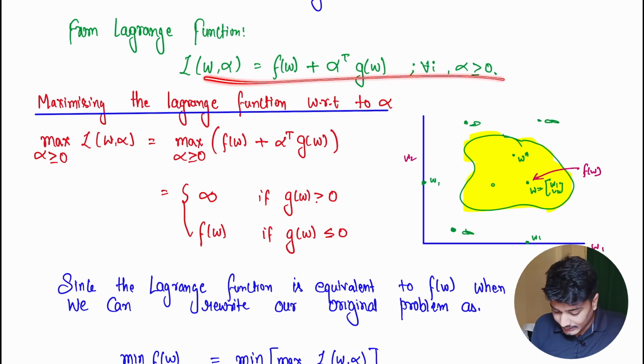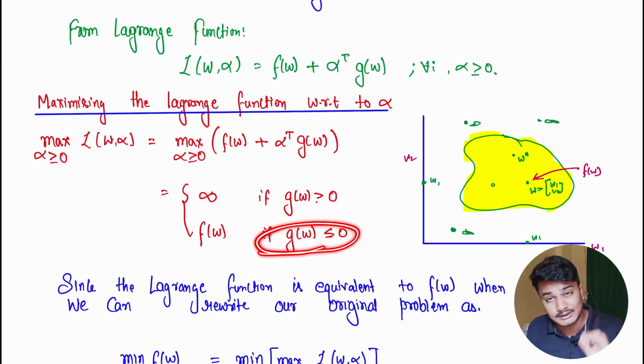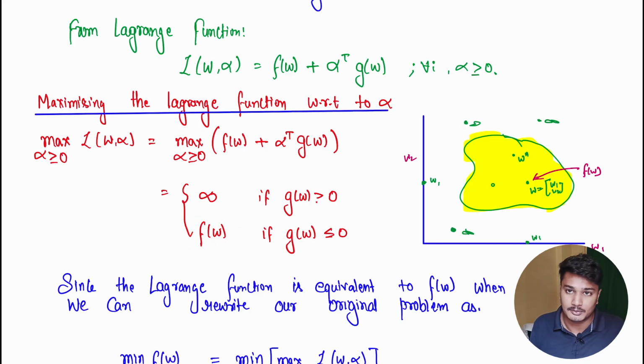We can write this as the maximum over alpha greater than or equal to 0 of the Lagrange function, which equals the maximum over alpha greater than or equal to 0 of f(w) plus alpha transpose g(w), correct? From this we have the conclusion that if g(w) is greater than 0, the value will be infinity. And if g(w) is less than or equal to 0, we have the value f(w).